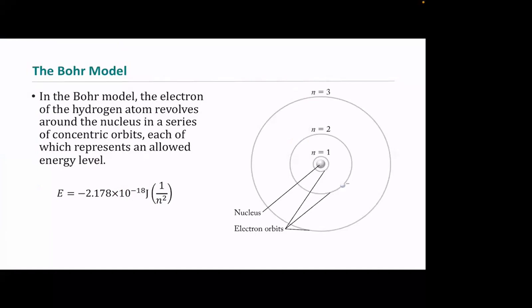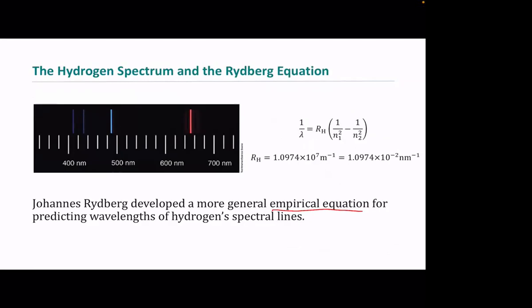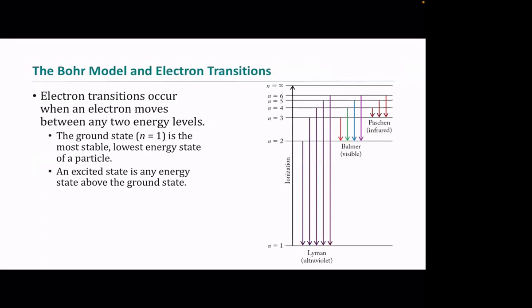And now what we're seeing, and this is the brilliant part of his work, is that he's able to exactly describe where these energy lines come from that we were seeing all along in all these spectroscopes. But this earlier equation predicts the wavelength, but has no idea why it predicts it or where that's coming from. Bohr comes along, and what he's able to do is describe all of these kinds of transitions.